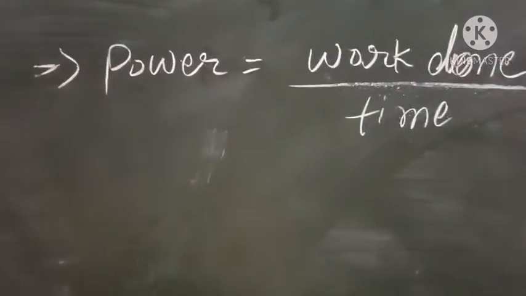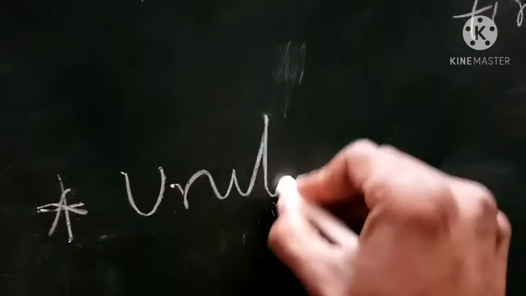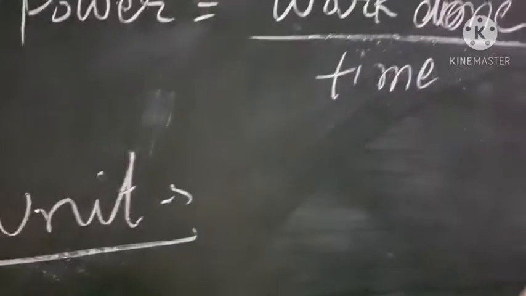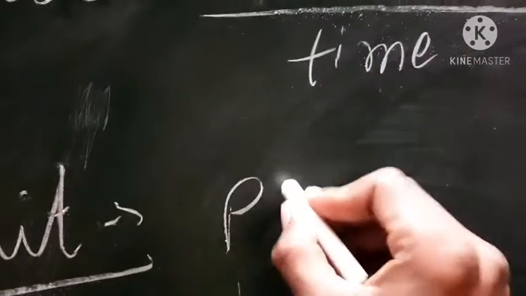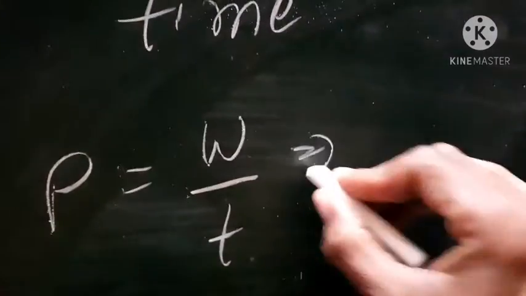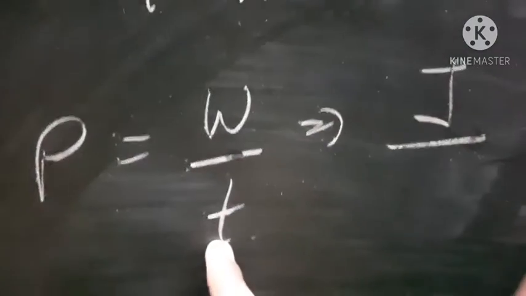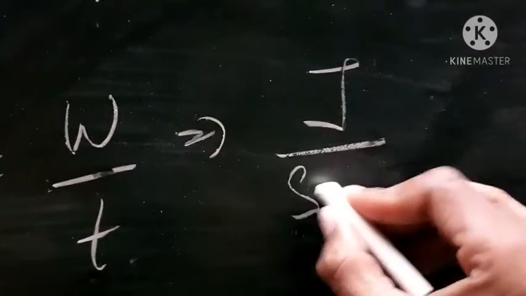Now let's talk about the unit of power. As we know, power is equal to work done upon time, and work done has the SI unit joule and time has the SI unit second.